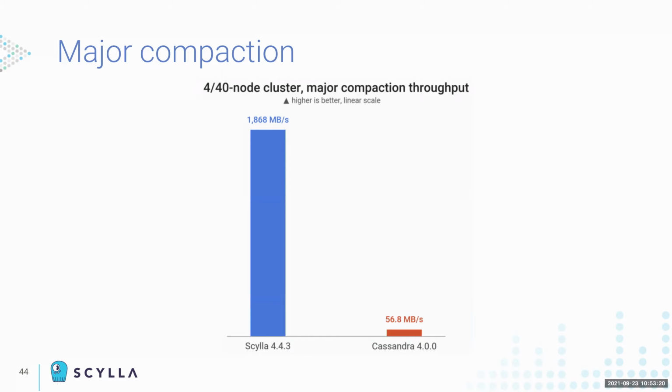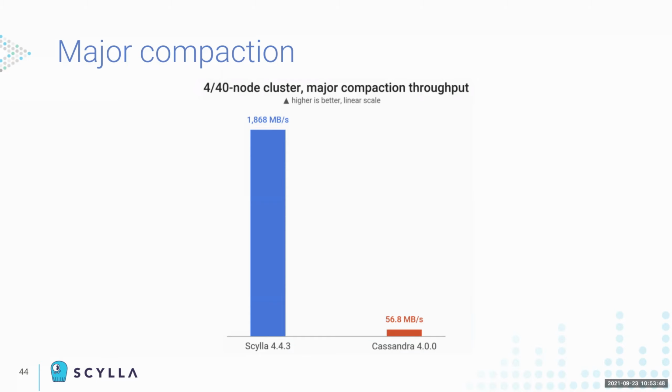So each core, each shard of Scylla database, in most cases is pinned to each core or maybe each hyperthread. Each of those shards contains a distinct part of the dataset. This means that when you start a major compaction, each of those shards starts a major compaction.